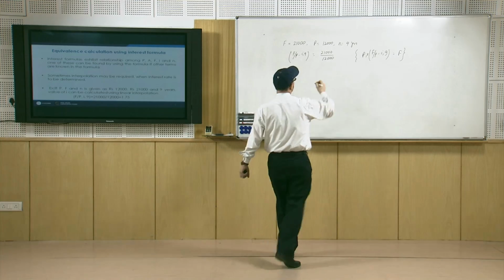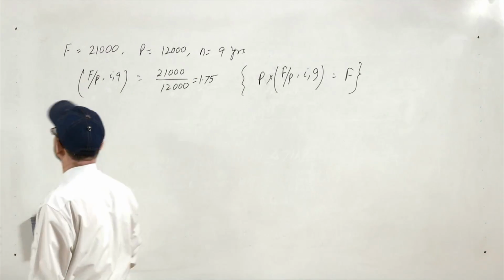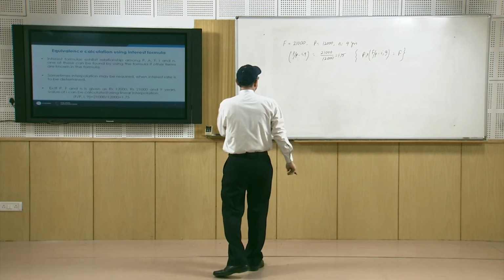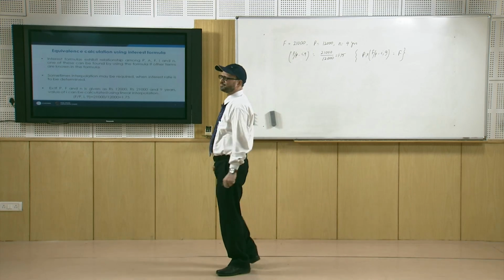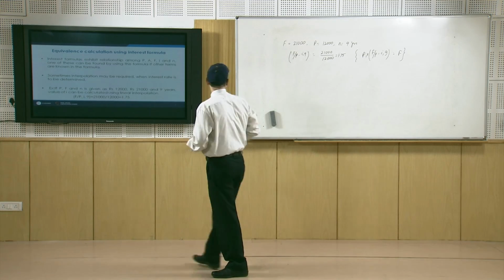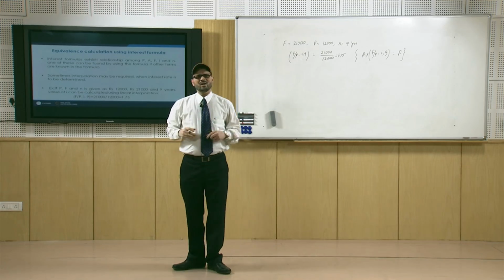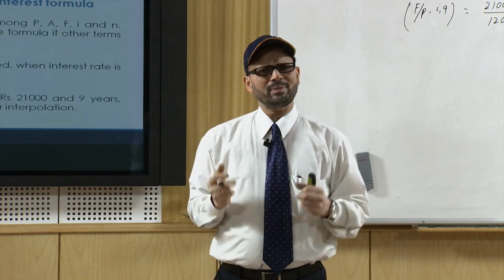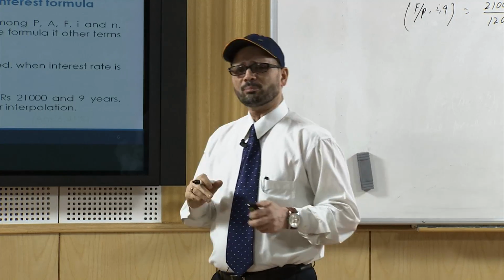This comes out to be 1.75. Now, although this expression is quite simple, it is nothing but 1 plus I raised to the power 9. So, you can directly calculate I. However, in many cases the relationship may be complex. So, let us see how you can solve it using interpolation.